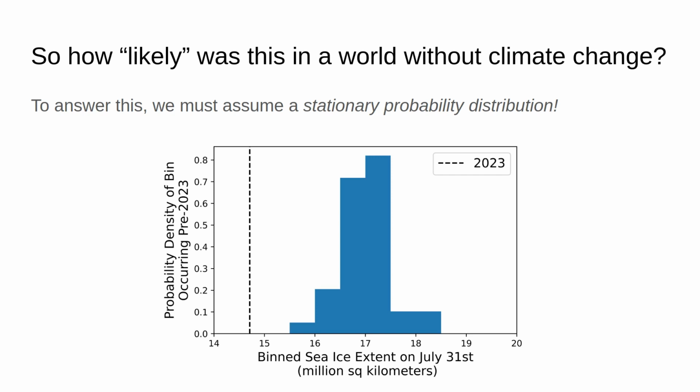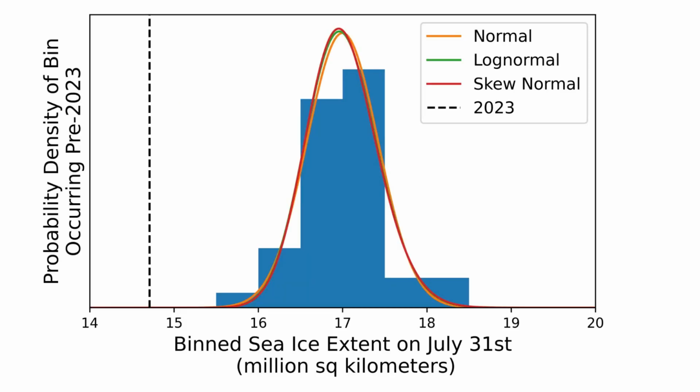We're talking about probability densities here, not actual probabilities. So I'm just going to bin those and say, look, when we fit the data, we get these 3 curves from these 3 different probability distributions, red, orange, and green. And they kind of look almost exactly the same, right? You often can't see the green one because it's underneath the red and the orange.